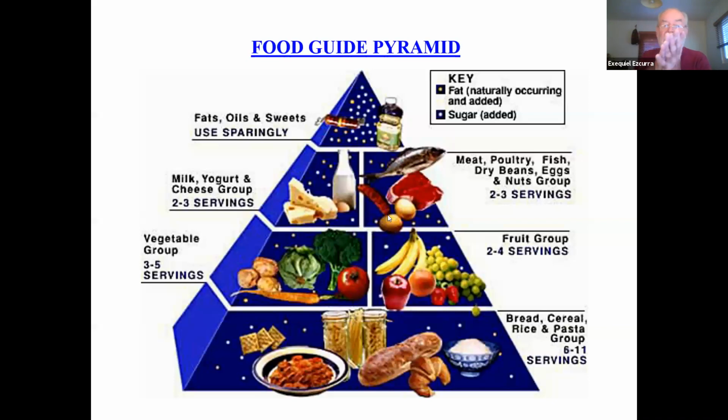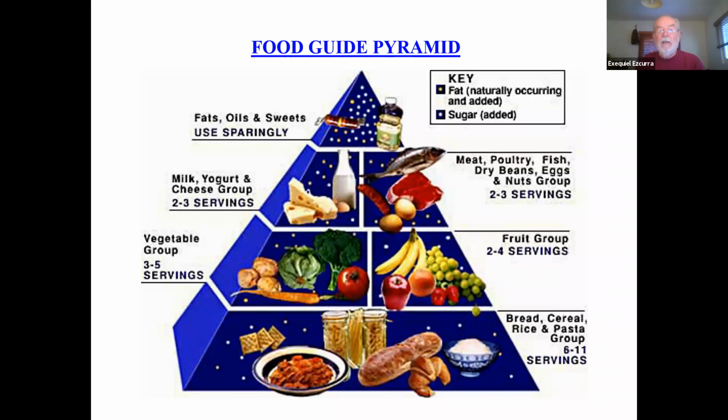Cereals are immensely important in the feeding of human societies. If you are familiar with the food guide pyramid from the FDA, the Food and Drug Administration of the United States, it gives us information on how to eat and what to eat.